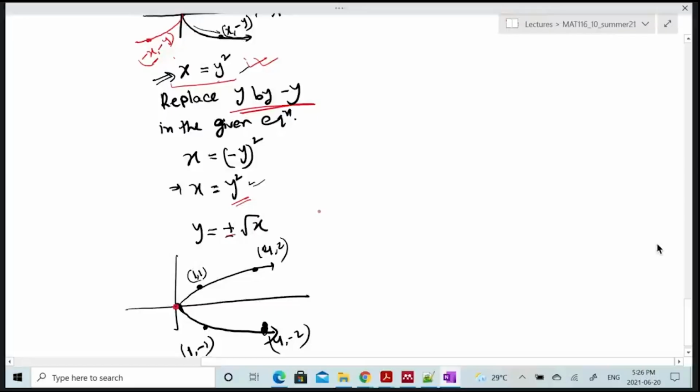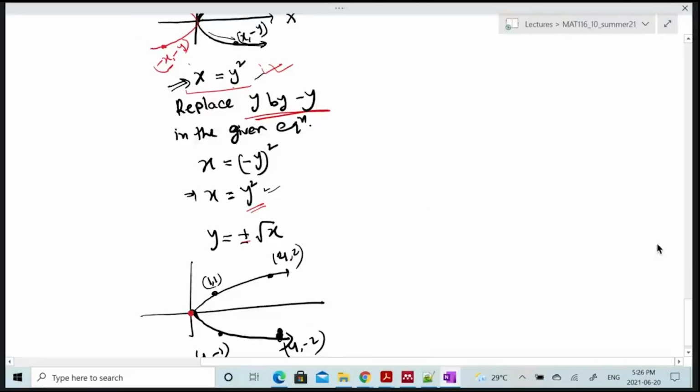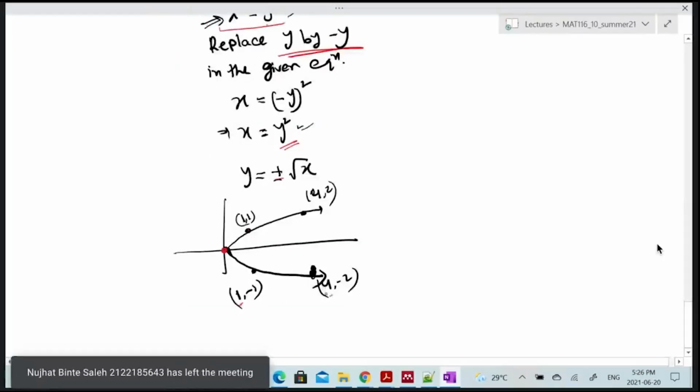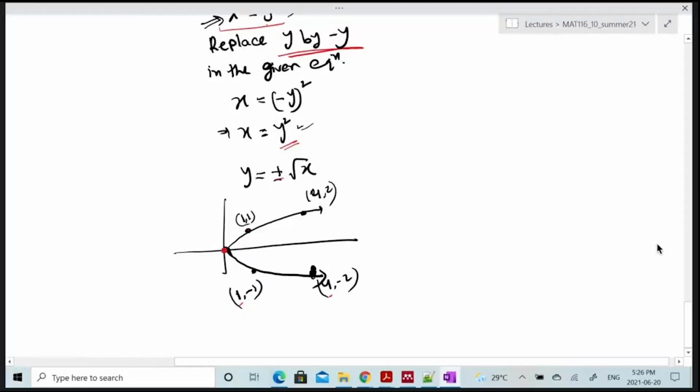Now I pick positive points: putting x equal to 1, y is 1, and putting x equal to 4, y is 2. But now since I know the graph is going to be symmetric about the x-axis, I keep my x values the same, but I just change the y values with a minus sign, and then if I join them, we will be able to draw the graph. Is it clear now? Yes, ma'am.